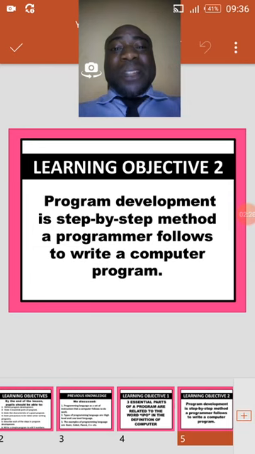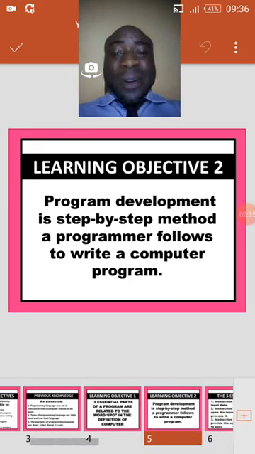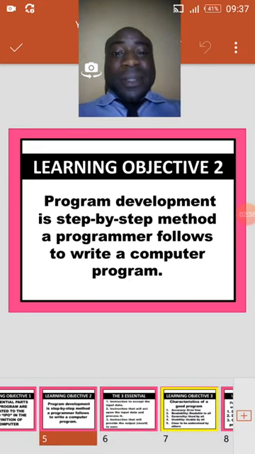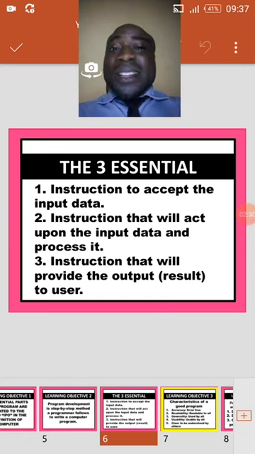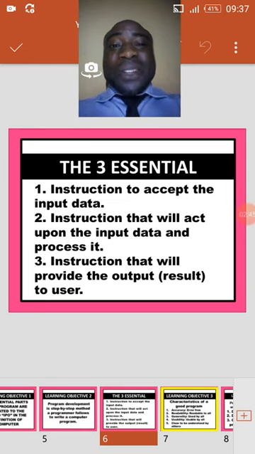Program development is a step-by-step method a programmer follows to write a computer program. Now, the 3 essential keywords that we found in our definition of computer are what we want to use in our program now.